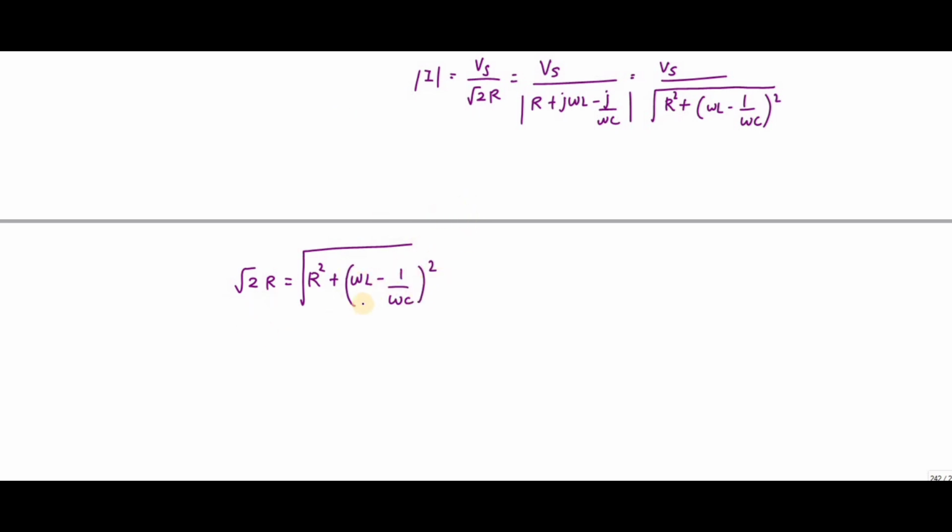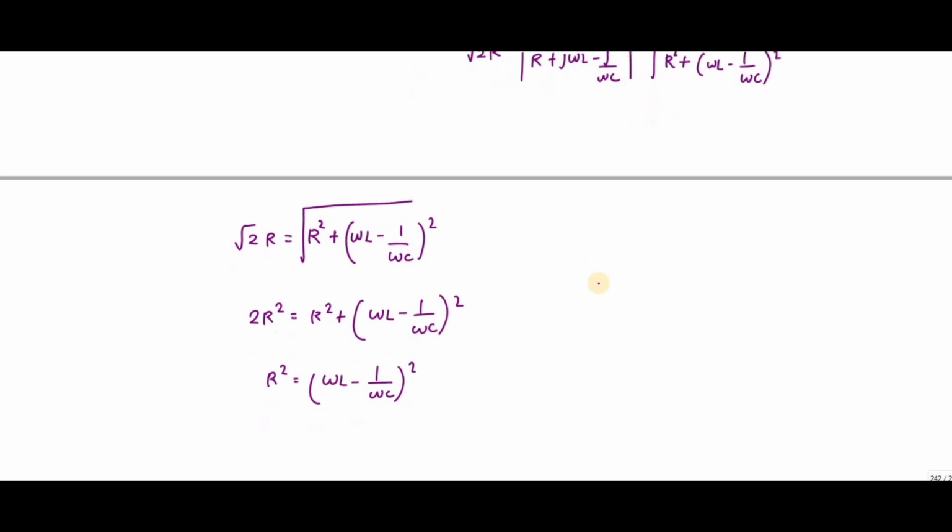Okay, so if I take the square of this value, I'll get 2R squared is equal to R squared plus omega L minus 1 divided by omega C, the whole squared. So I can write R squared is equal to omega L minus 1 divided by omega C, the whole squared. So you can get two values for R, right?